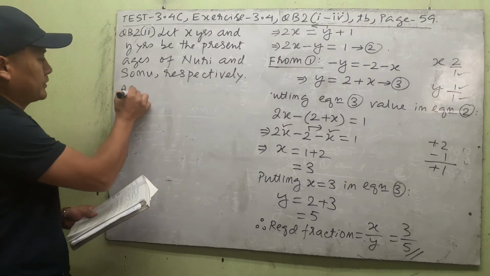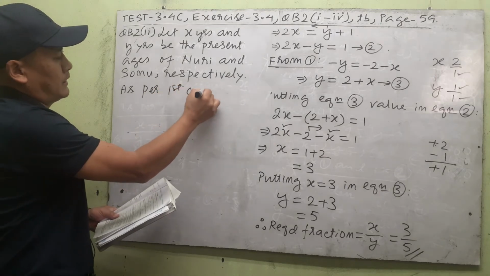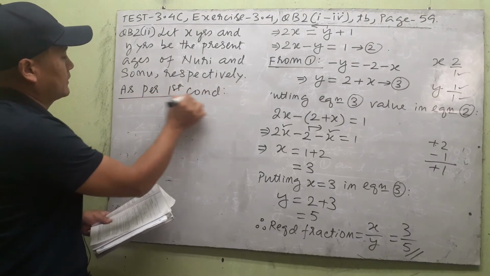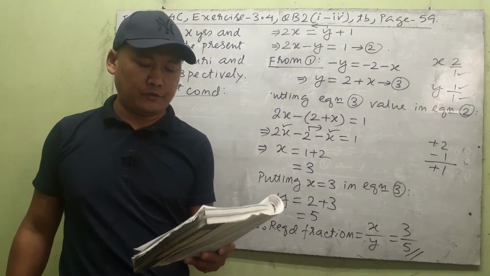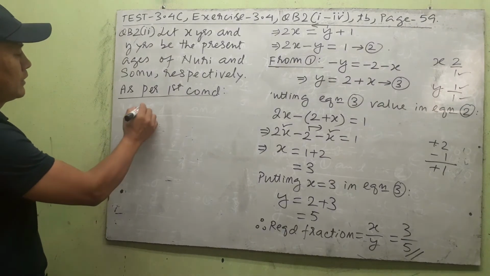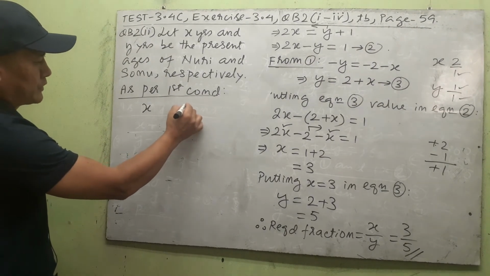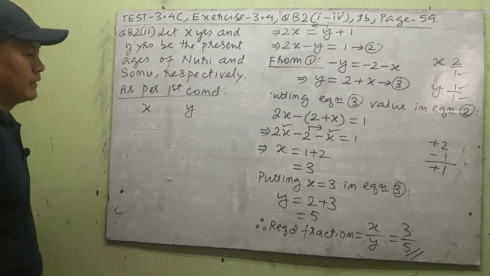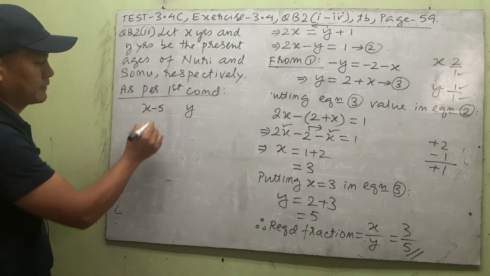So as per the first condition, listen carefully to this. 5 years ago Nuri was thrice as old as Sonu. So they're talking about the past age. Right now Nuri is x and Sonu is y. 5 years ago Nuri will therefore be x minus 5.